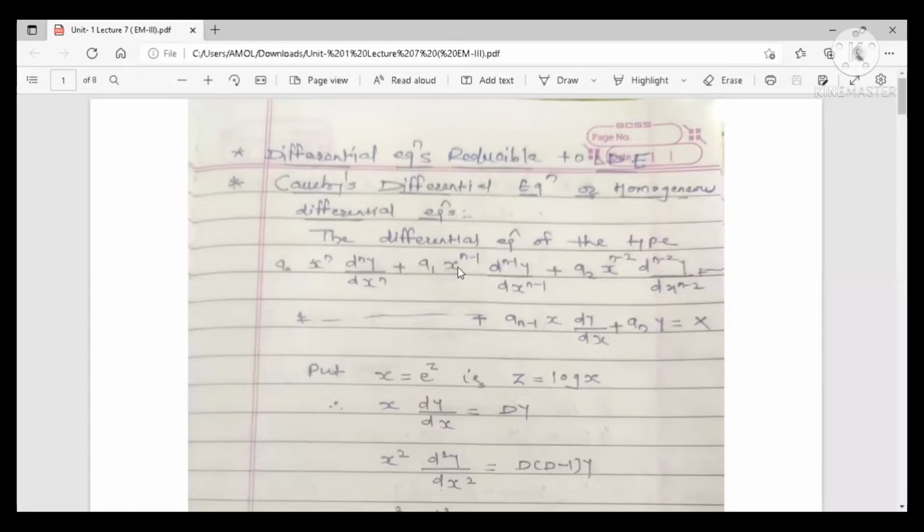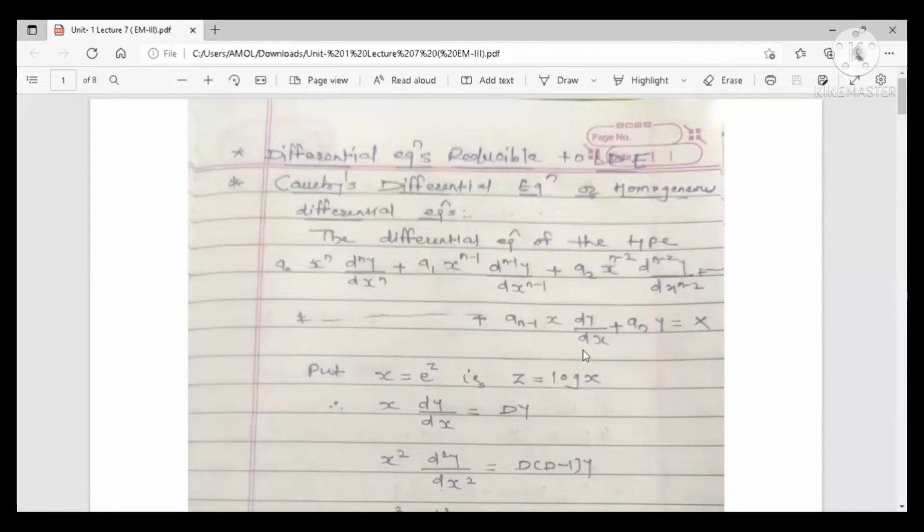With that derivative term, there is a polynomial function of degree n minus 1. In the third term, the (n minus 2)th derivative term is there. With that derivative term, there is a polynomial function of degree n minus 2, and the constant coefficient is a2, and so on.